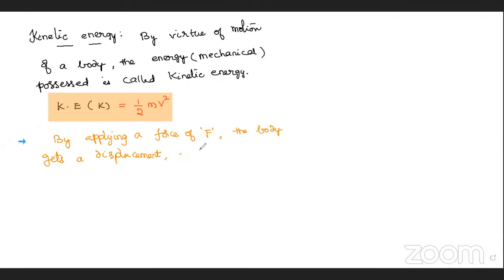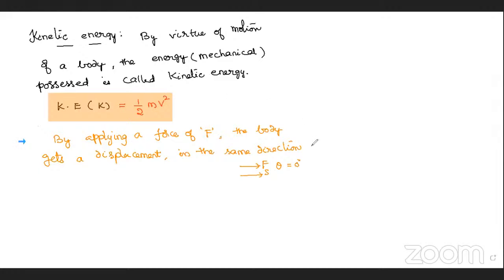Means the angle between force and displacement is 0, theta equals 0 between them. Yes, in the same direction. Since the force is in the direction of displacement, anybody can understand that its velocity increases. So the body gets a displacement in the same direction.